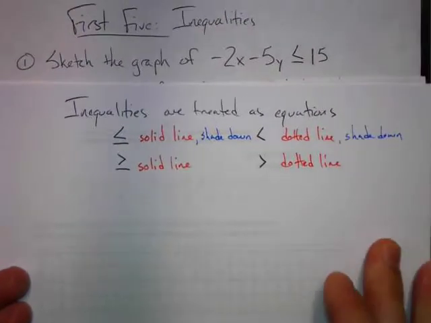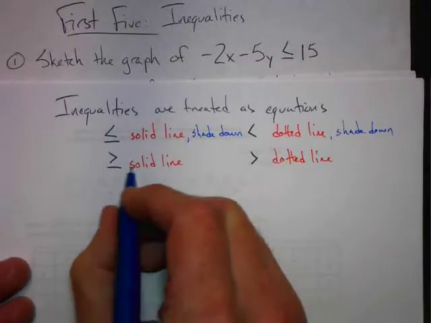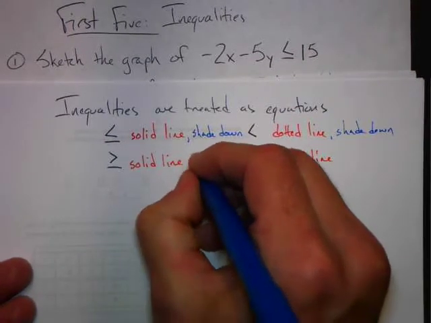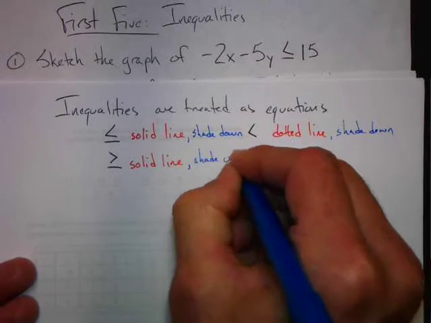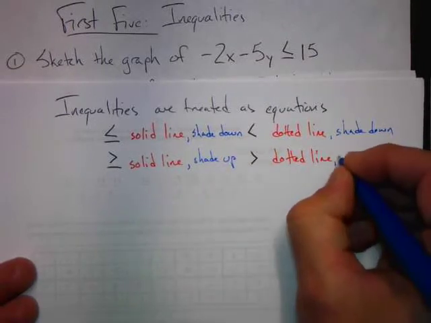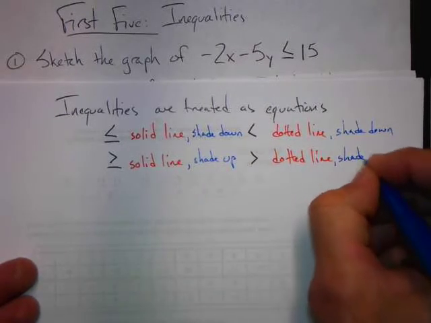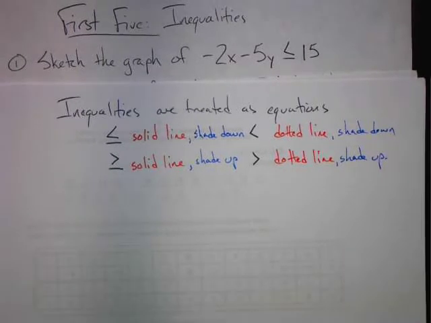Okay, and similarly, if our inequality sign reads greater than, we're going to shade up. And that's the difference between inequalities and equations. Everything else remains the same when it comes to graphing.